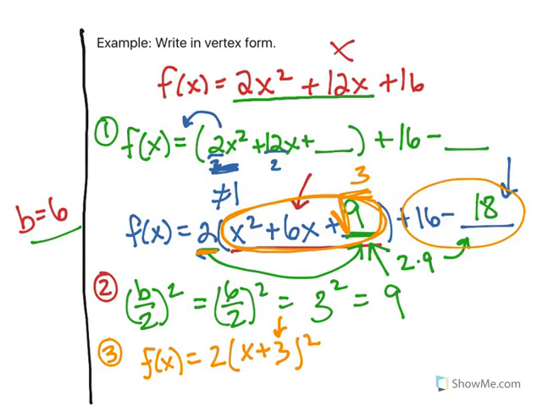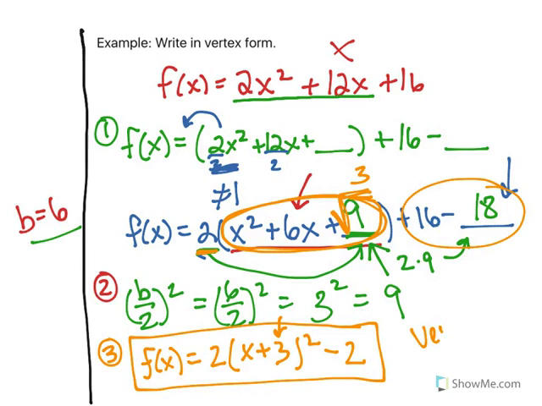And then combine like terms, 16 minus 18 is negative 2. So that's going to be our value outside of the parentheses. And here we have our equation rewritten in vertex form. Again, you can really quickly find the vertex here. (-3, -2).